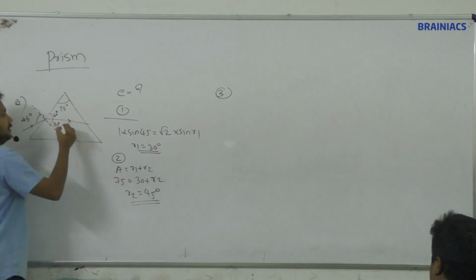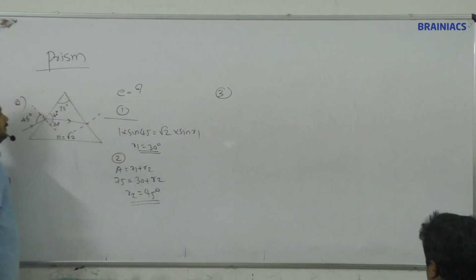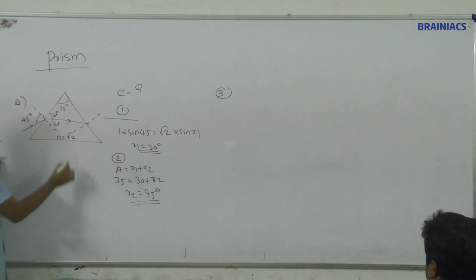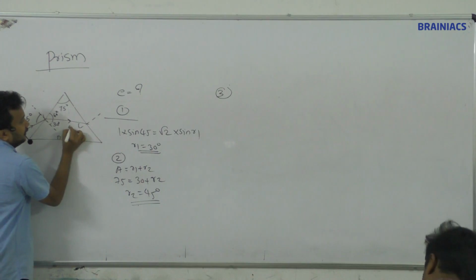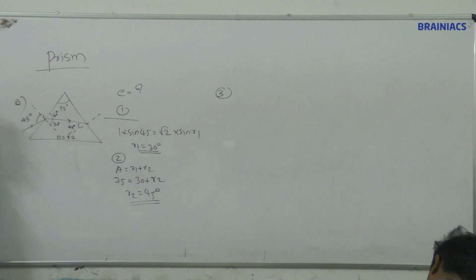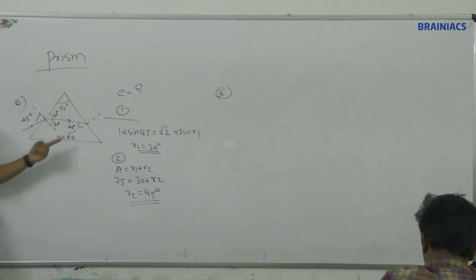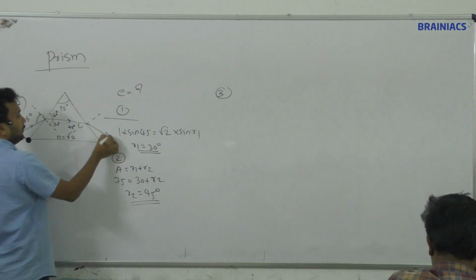Then the ray is coming here, and R2 means this angle is 45 degrees.